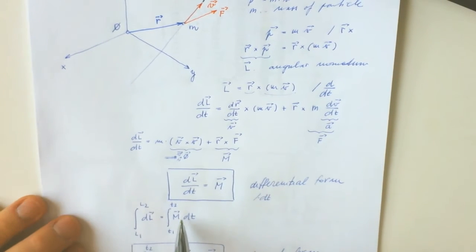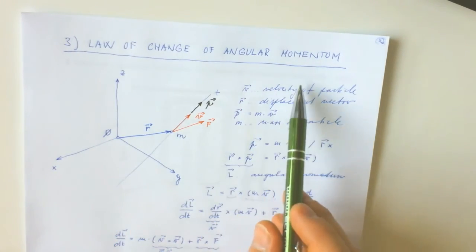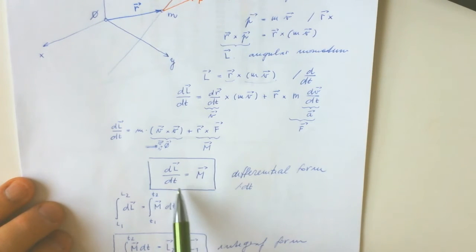So what remains here is this equation, dL over dt is M. So the change of angular momentum in time is equal to the moment of external forces. And this is an important definition of this law. It is the law of change of angular momentum in differential form, because there is a differential of angular momentum.